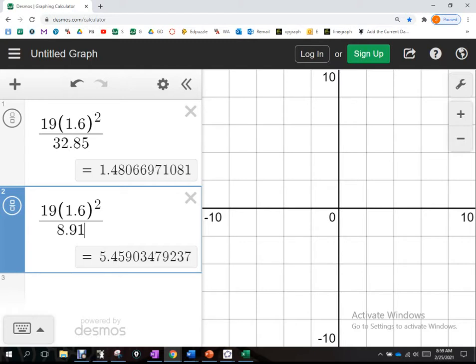So my confidence interval for variance is 1.48 to 5.45. Okay.